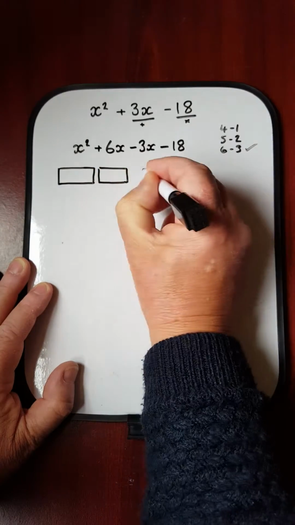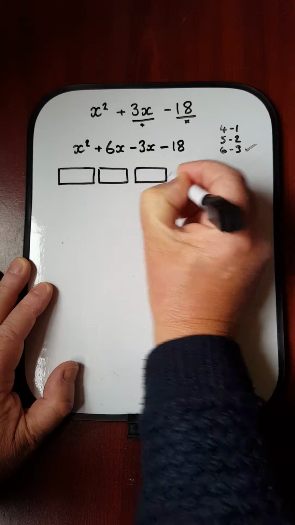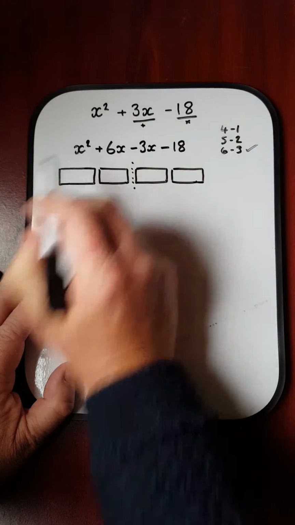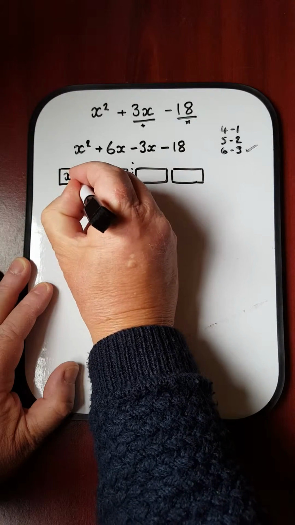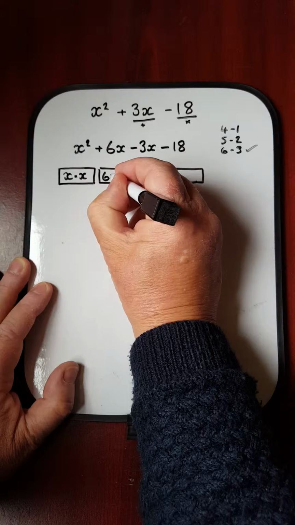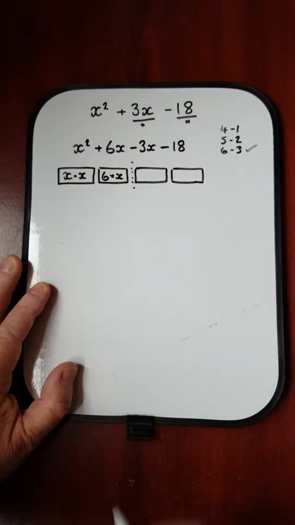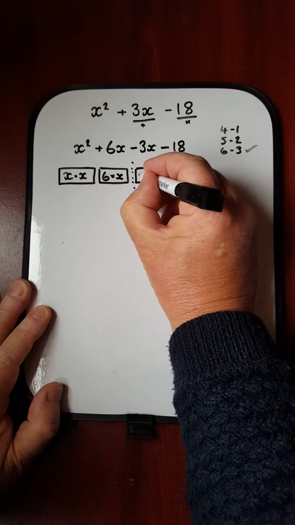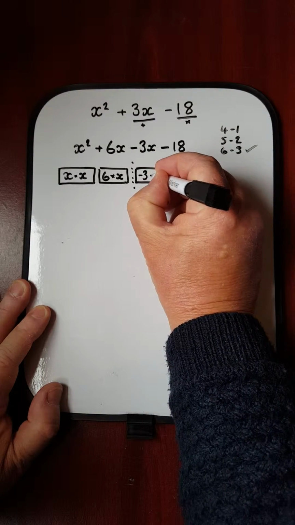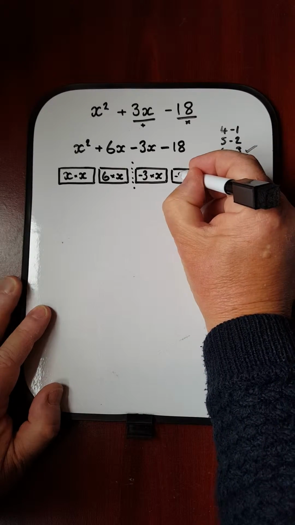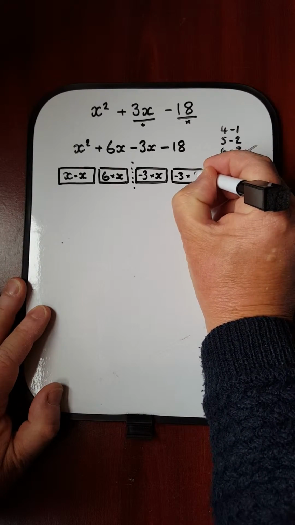I'll put the 4 little boxes in first, and we're going to write out these things in longhand. x squared is x times x. 6x is 6 times x. Minus 3x is minus 3 times x. Minus 18 is minus 3 times 6.